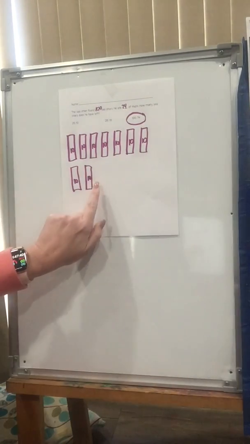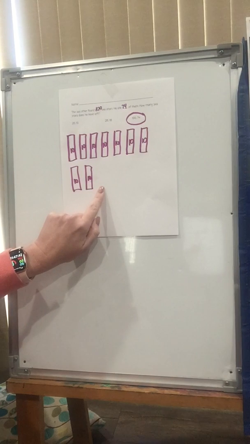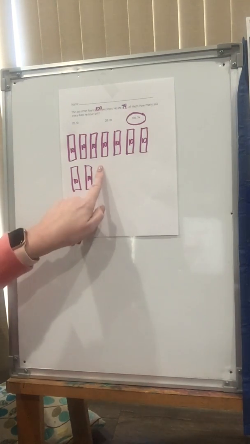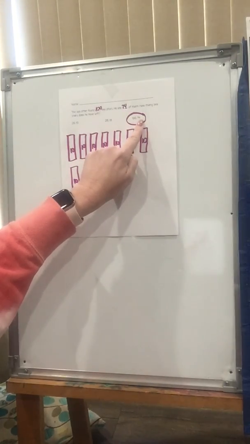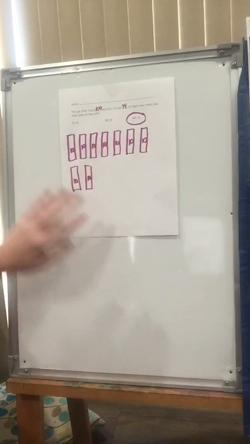But then when I make that last 10 for the 100, I'm not going to actually make another 10 rod. I know that when I take away 74, there's 4 ones. I'm going to need some ones to take away.